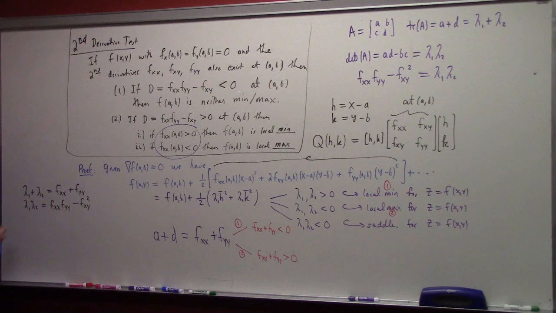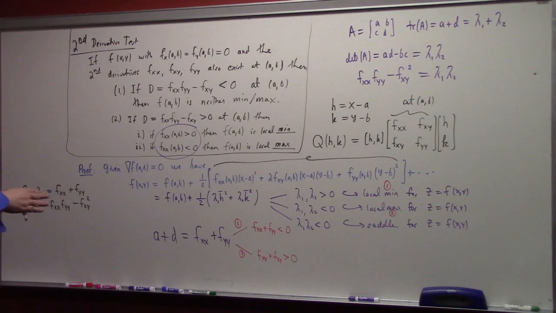Trying to think if I can solve these. Can I solve these equations for fxx and fyy? Maybe not. I've got 1, 2, 3, 4, I got 5. No, it's too much.